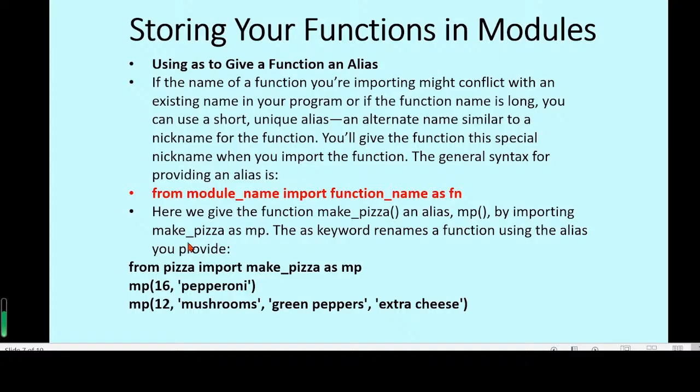By importing make_pizza as mp, the as keyword renames the function using the alias you provide. So you can write from pizza import make_pizza as mp.